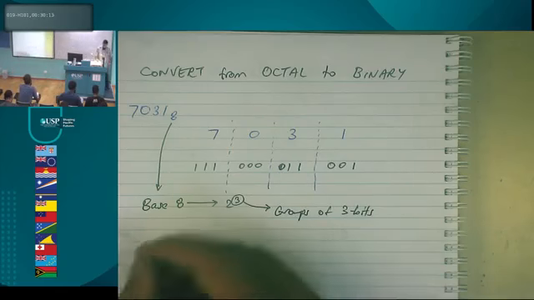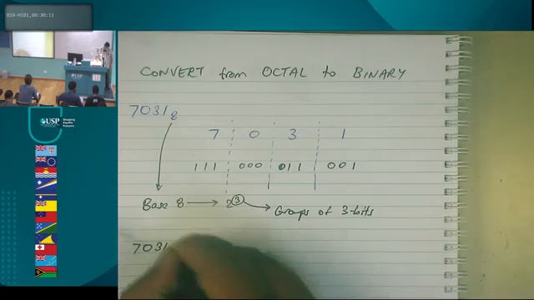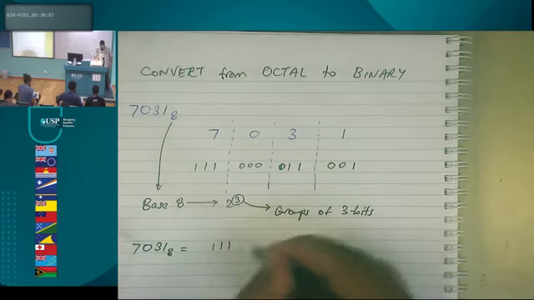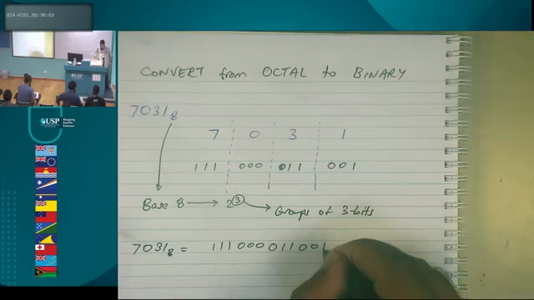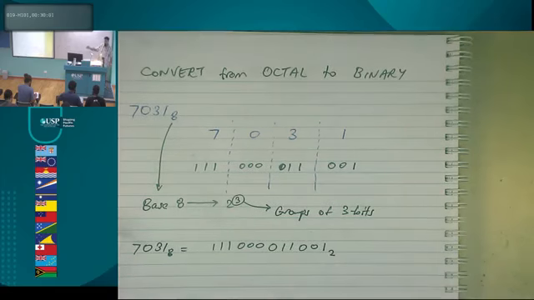So anyway, in the end, 7031 base 8 turns out to be 111 000 011 001 base 2. And does that confirm with the answer which we found yesterday using the long cut? Does that find the same answer? Yes. All right.